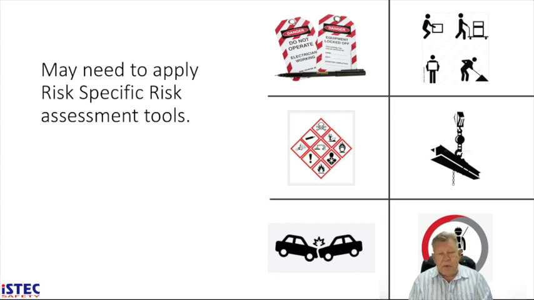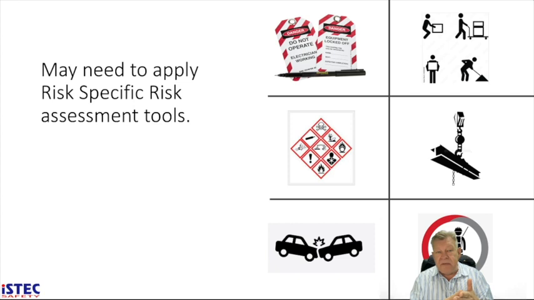An example would be hazardous chemical substances exposure. I need to find out in which class of hazard this hazardous chemical belongs. Is it flammable? Is it explosive? Is it corrosive? In other words, can it cause damage to steel and skin and whatever?